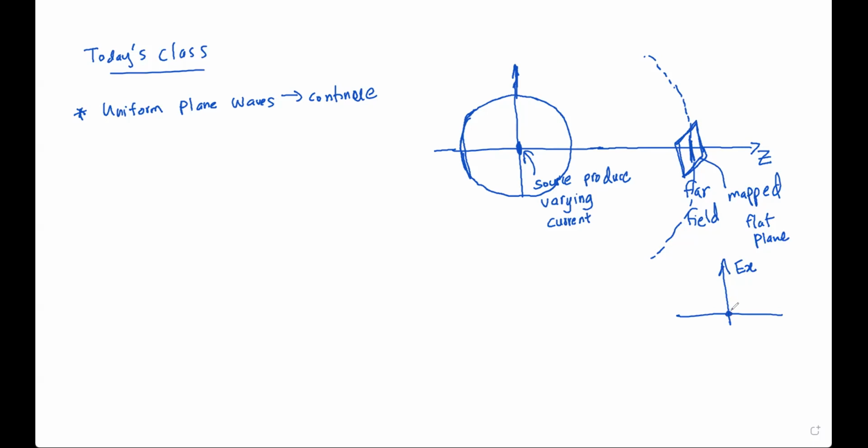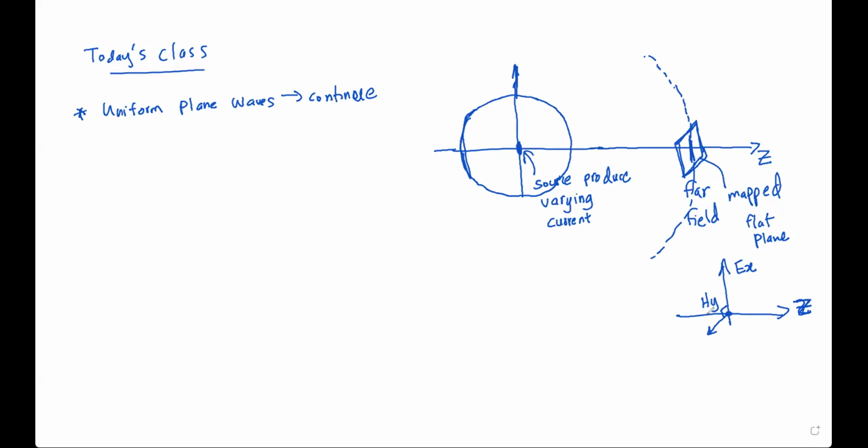If we take the magnetic field coming out of the board, then since we take the z-axis along this axis, the magnetic field will be along the direction perpendicular to Ex and z, coming out of the board towards us.